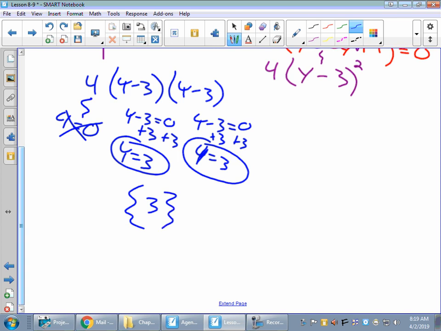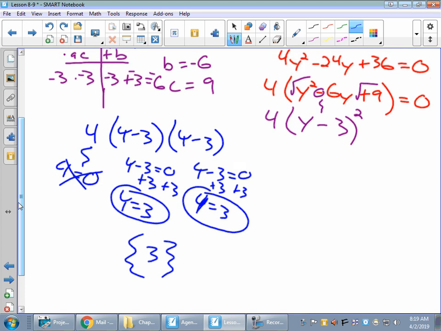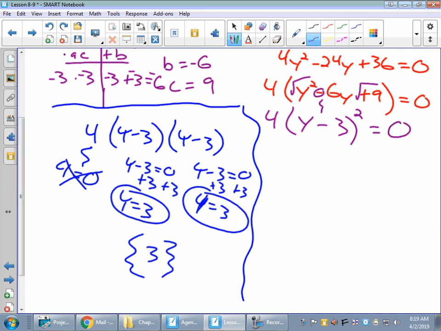Okay, that's easy. Now if you like this way of doing it that we just did, then go ahead and do that. Like I said, it's never going to be wrong for you. Make sure this is equal to 0. But now let's solve it this way. What can I do if I look at this way of factoring with the perfect square?